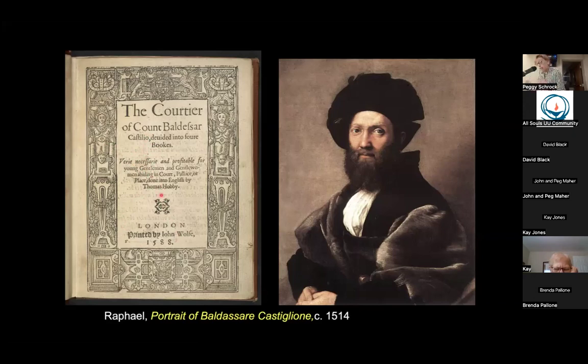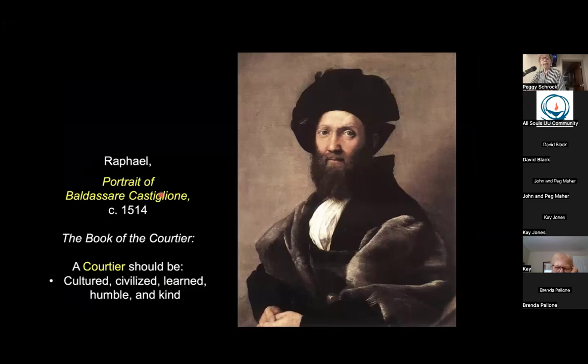But according to Baldassare Castiglione, a courtier should be cultured, civilized, learned, humble, and kind. And he wanted his portrait by Raphael to communicate every one of those things. And Raphael was a master at accommodating his needs.